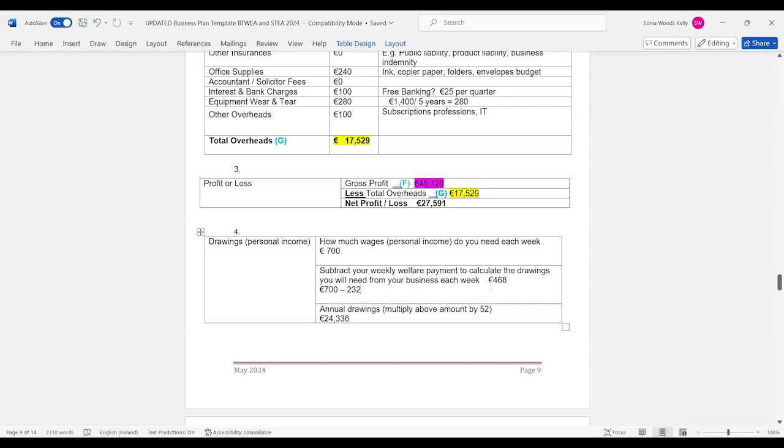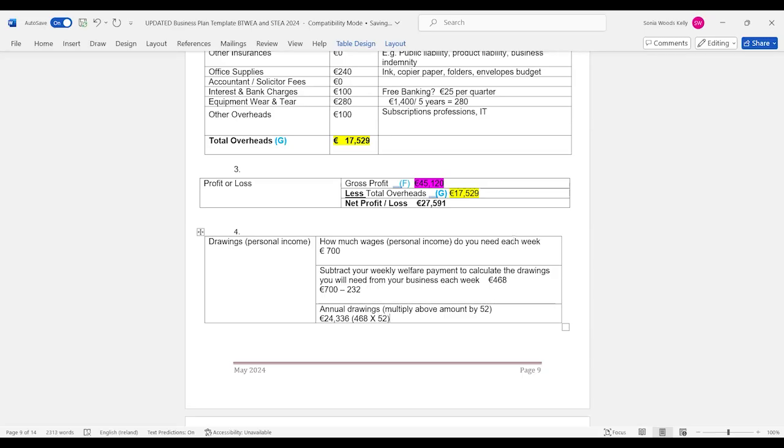So then the next thing is I multiply the 468 by 52, and that gives me an annual drawings figure of 24,336. So that's the amount of money I will need to take out of my business each year, or in the first year. So 468 multiplied by 52.